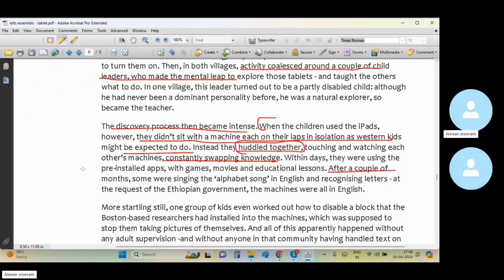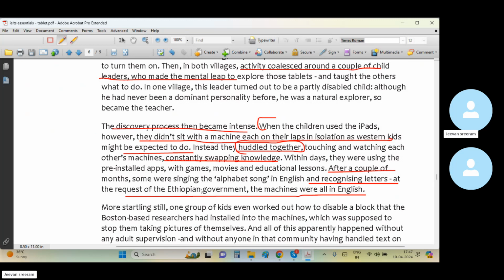Here we go. After a couple of months, some were singing the alphabet song in English and recognizing letters at the request of the Ethiopian government. Machines all were in English. So the Ethiopian government actually requested that the gadgets must be in English. That's the Ethiopian government's request.